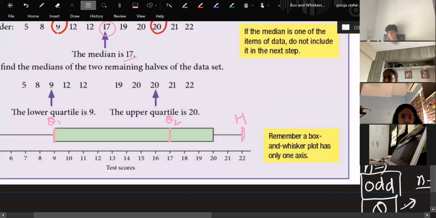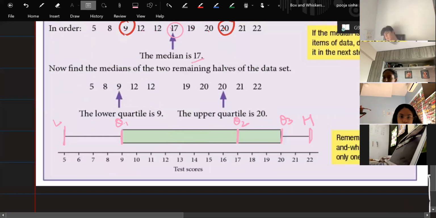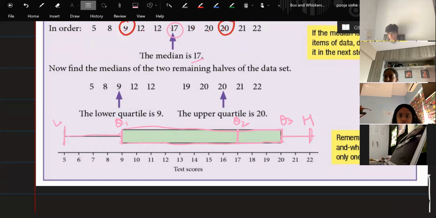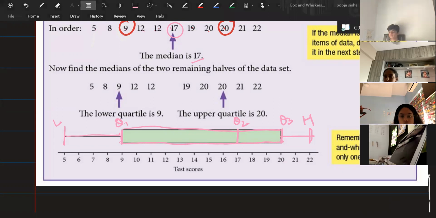At 20, you make the third line and write Q3, and you join it. Clear? And you join these also. That makes your box and whisker diagram. Any questions? Clearly understood?